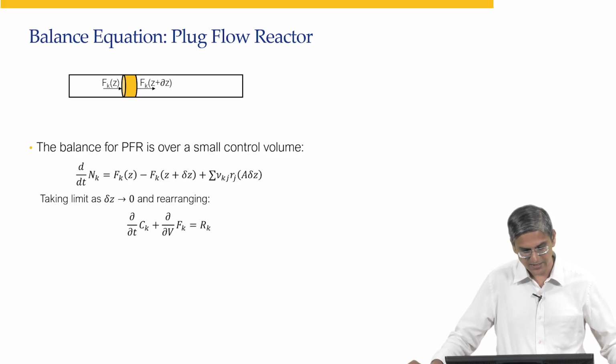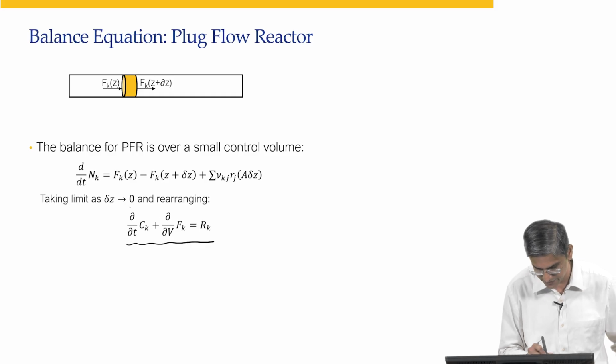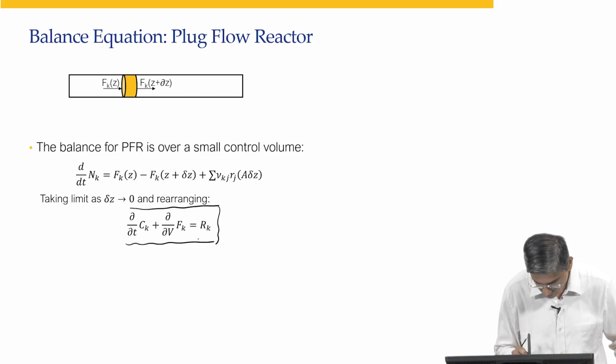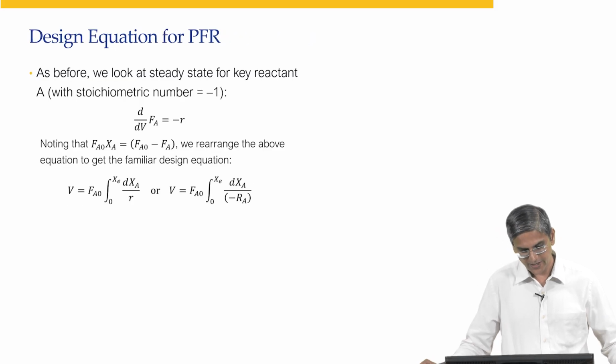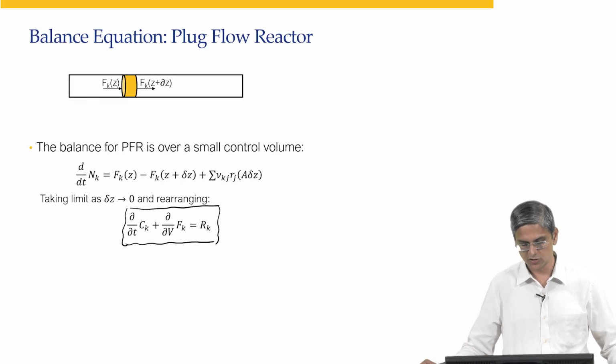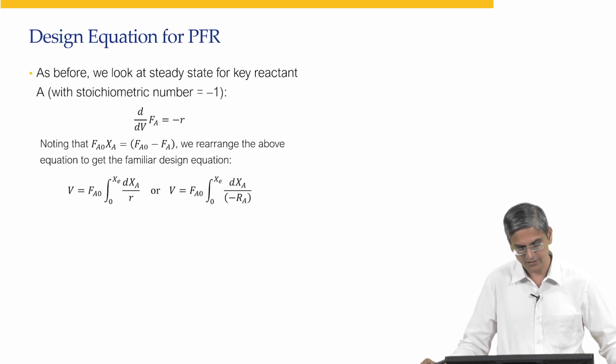Likewise, this is the balance equation for the plug flow reactor that we had earlier derived. Anything else comes with certain assumptions. At steady state, the first term goes out, and dFk by dV equal to Rk, you get because of steady state.